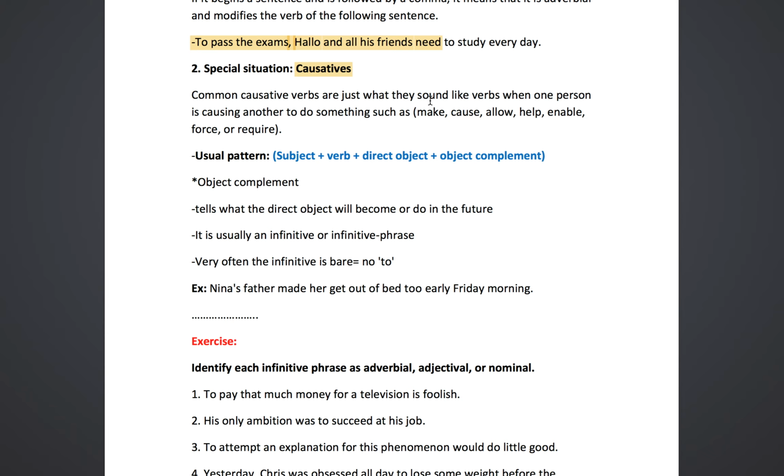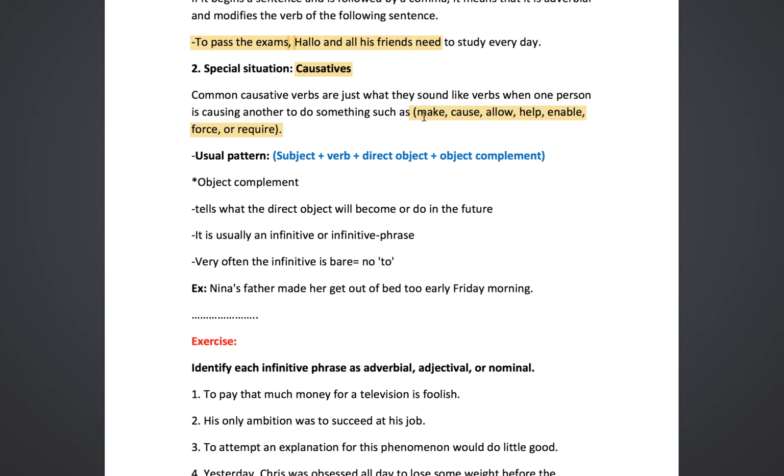If we have these kinds of verbs, like make, cause, allow, help, enable, force, or require, or some other kind of verb, you can recognize them or memorize them, whatever is easy for you. These verbs are called causatives.